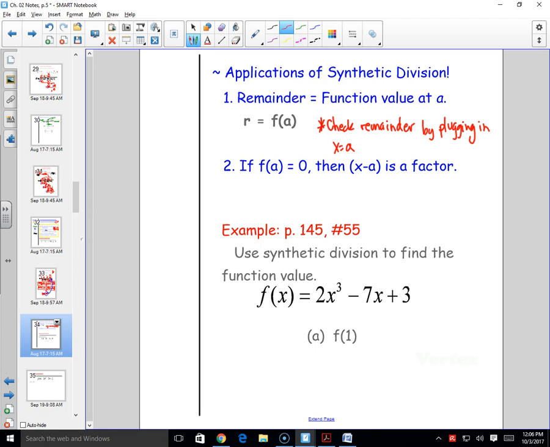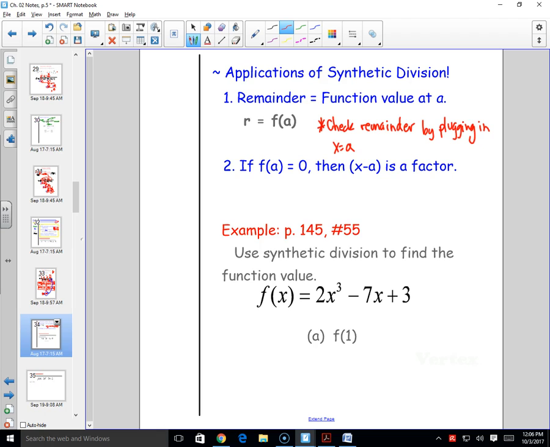So long story short, you can check the remainder that it's right by plugging in x equals a to the original function. You can check the remainder by plugging in, or you can check the plugging in by doing synthetic and having a remainder. They can check each other.